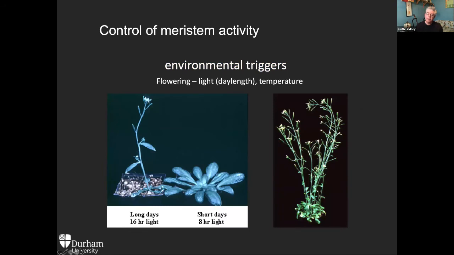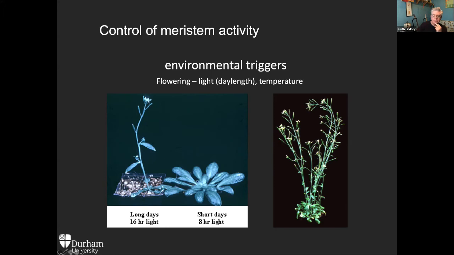And these have evolved as mechanisms to allow the plant, in this case an Arabidopsis plant, our favorite model organism, to determine the time of year. So this plant here would typically flower in the spring.